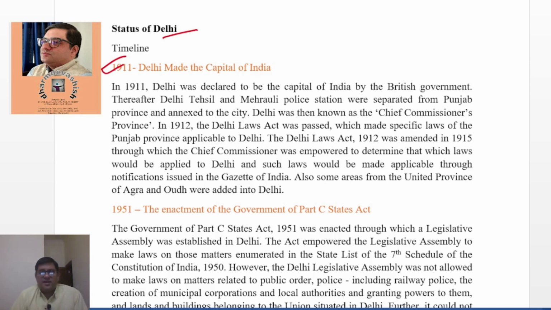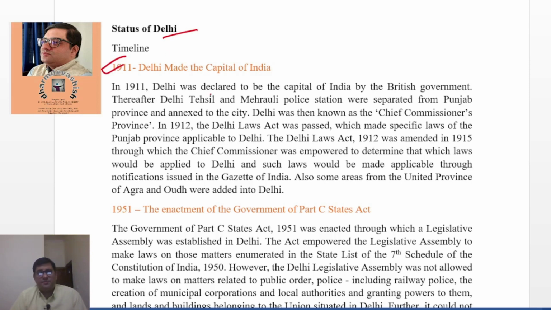Now, please understand that at that point of time, in the year 1911, the area of Delhi was part and parcel of the Punjab province. Meaning thereby, Punjab province had a large territorial area, and Delhi was one of the districts of Punjab province, comprising the Delhi Tehsil and Mehrauli Thana, the Mehrauli police station.